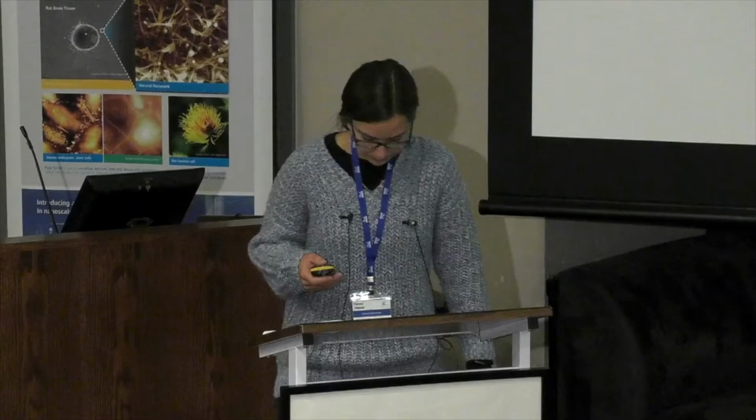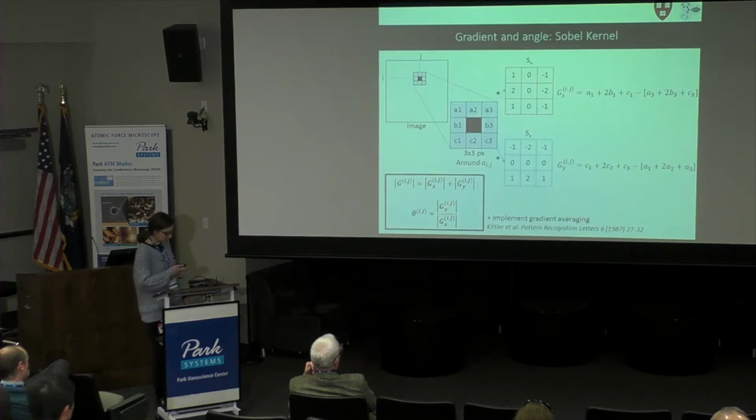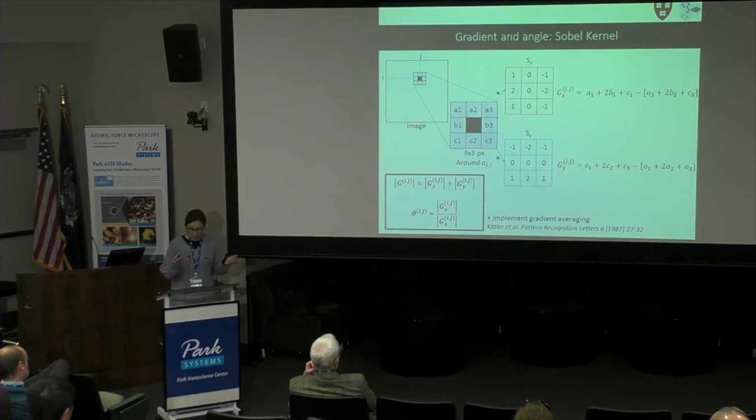Okay, so how do we do this? I would say the most common technique to identify edges is to use the local derivative. Our edge is actually signaled by a peak. So how do we do this more specifically in my test case?